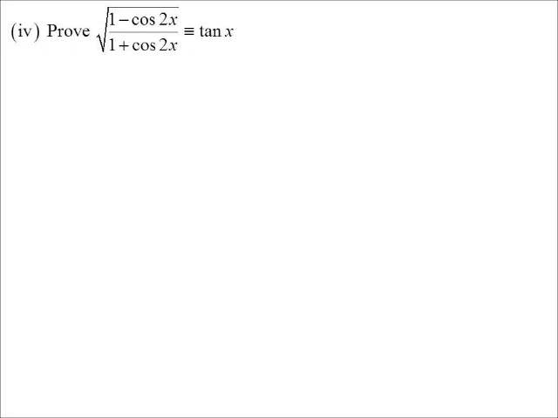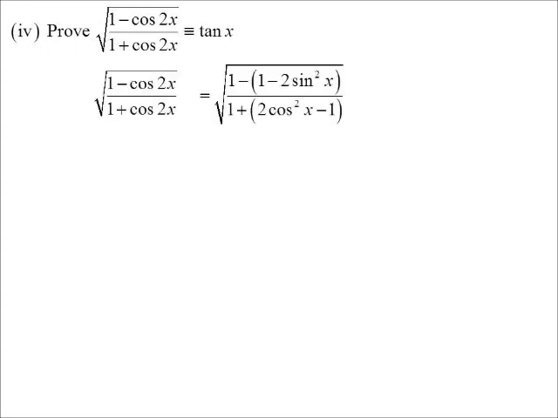So I'd like to end up with sine on cos, which now is leading me towards which one of the cos 2x to use. I think on the top of the fraction it would make sense to use the sine one. So I'll replace cos 2x with 1 minus 2 sine squared. But on the bottom of the fraction it would make sense to use the one in terms of cos. So I hopefully will end up with sine on cos.